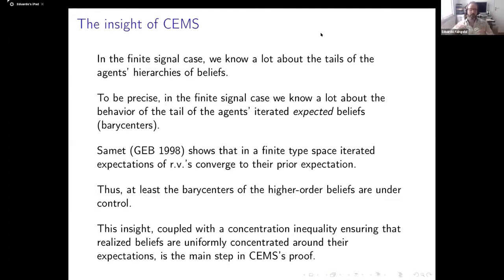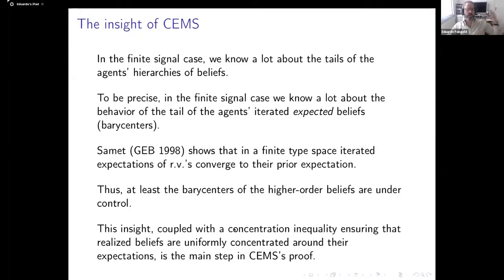Samet's result is about the expectations of these things, the barycenters of these beliefs, and that's very well behaved. And what Cripps, Ely, Mailath, and Samuelson do is they also prove a concentration inequality, showing that the actual realized higher order beliefs are uniformly close to these expectations, which by Samet's result are already close to the prior. So you have a lot of control over what's going on in the high levels of the hierarchies of beliefs.